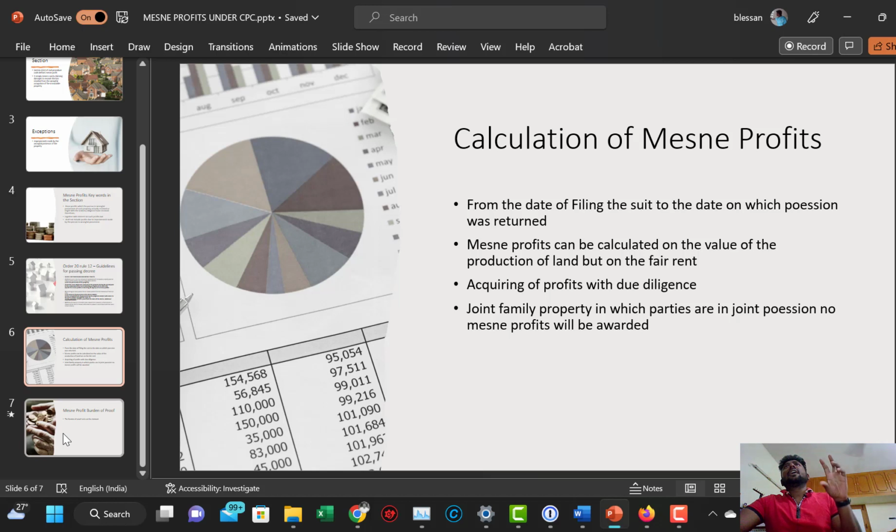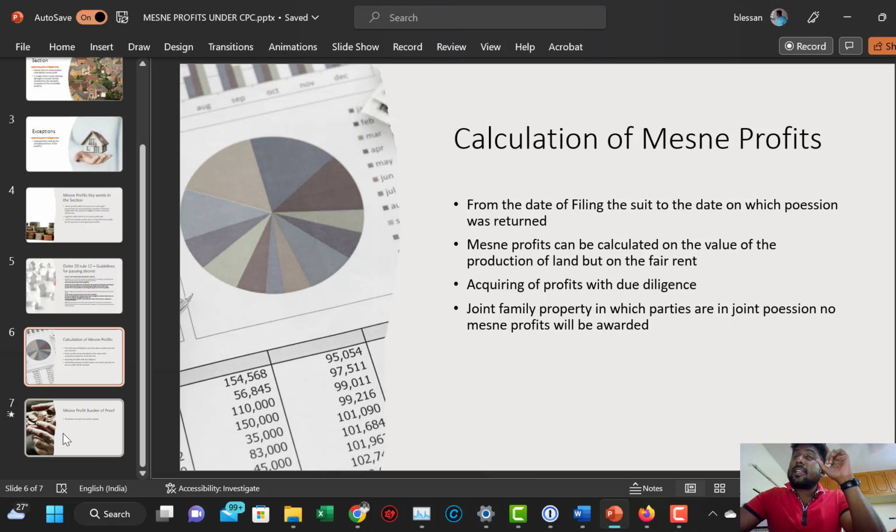Next, various courts have held that fair rent should be calculated rather than the production value of the land. So if someone claims Mesne Profit, the fair rent should be calculated rather than the production value of the land.